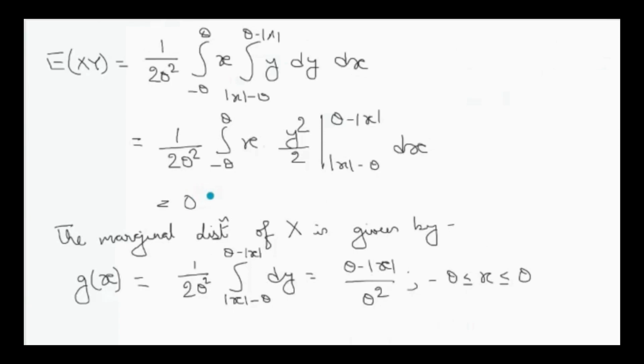The marginal distribution of x is simply obtained by integrating the joint distribution over the range of y. So I just obtained it here, which is 1 by 2 theta square times the integral of dy from mod x minus theta to theta minus mod x, which comes out to be (theta minus mod x) by theta square, for x running from minus theta to theta.